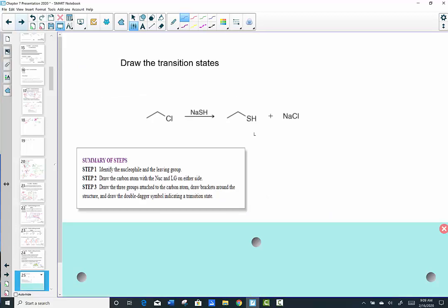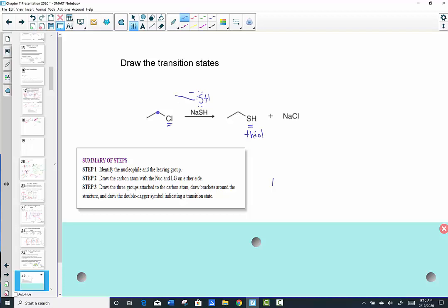We're going to have some homework that has you practicing drawing transition states, so I thought I would model some of those. We can see this is a nucleophilic substitution. Here I notice that a chlorine functional group has turned into a thiol functional group. S is in thiol. And so the transition state, here is your alpha carbon. The nucleophile, SH, is very electron rich.